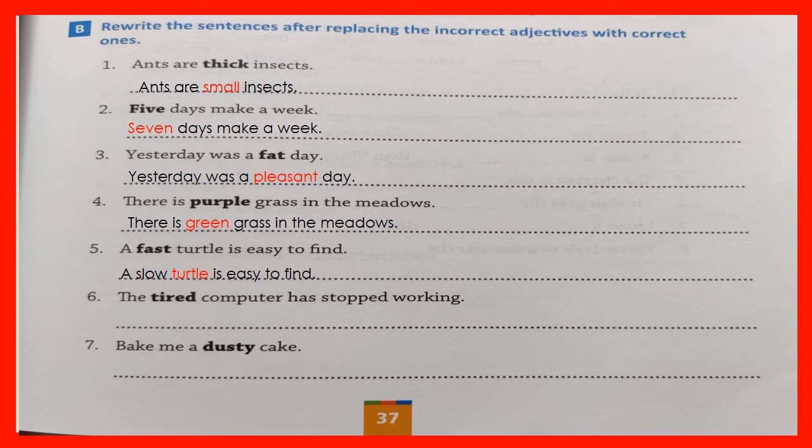Okay. So, what will you write here? The old computer has stopped working. The last one, number 7. Bake me a dusty cake. Now, what can you use for cake? You can use sweet or chocolate. Okay, I have used here bake me a chocolate cake.